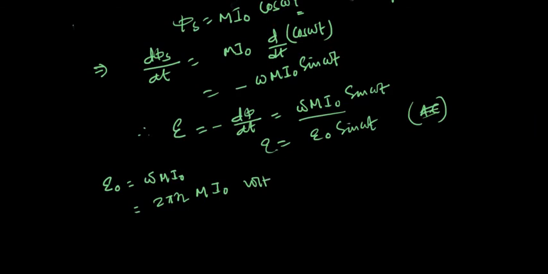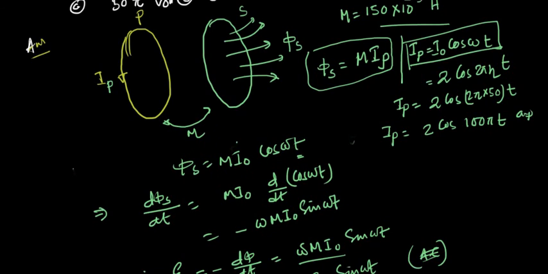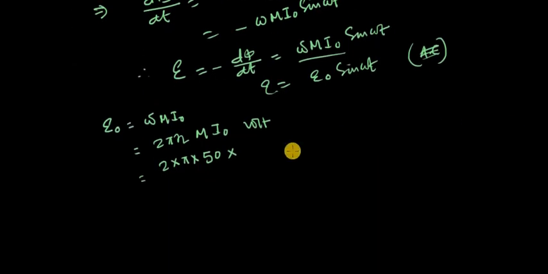Putting all these values, n is 50, M is 150 times 10 to the power minus 3, and I0 is 2, this much volt.